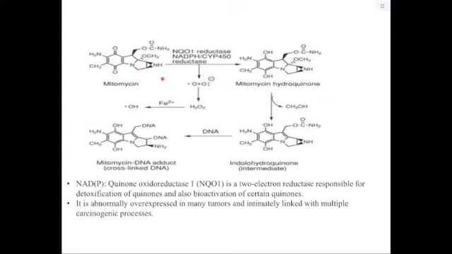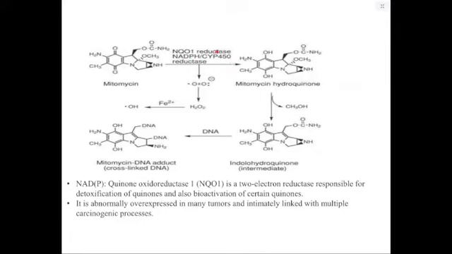So that is our mitomycin. If you look at that mitomycin, you find that this is the quinone. The quinone undergoes reduction, and you can see there is a hydroquinone. So that's the first step, and the enzyme responsible is NAD, where this N stands for either NADH or NADPH, quinone oxidoreductase 1, or NADPH cytochrome P450 reductase.